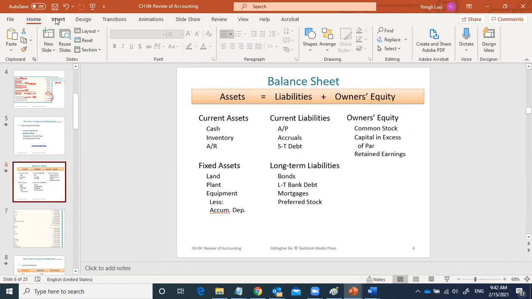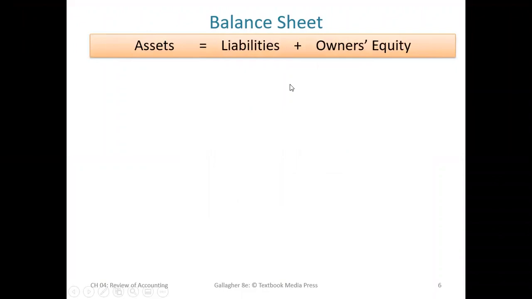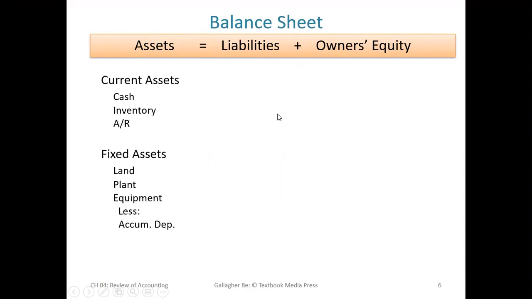So let's see the balance sheet of that asset and the liability. On the asset side, you will see total asset equals total liability plus owner's equity. The asset side has current assets.